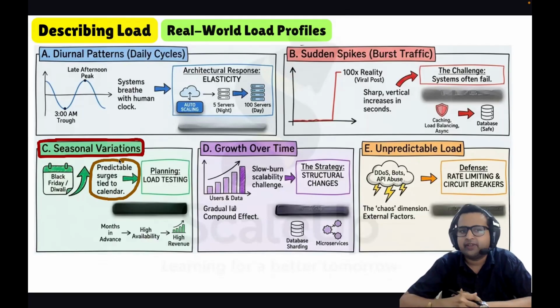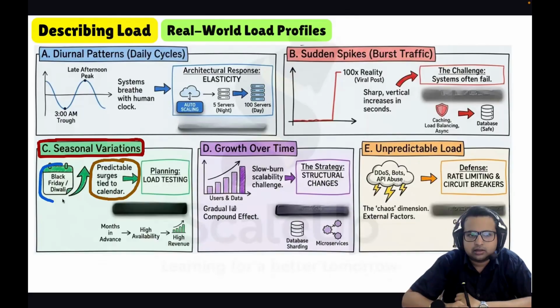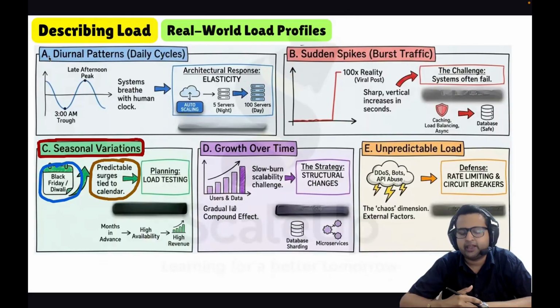That's a seasonal variation. These are predictable increases in load, so we also call it the Black Friday effect. E-commerce platforms in India might see a massive multi-day spike during Diwali, while Western retailers prepare for Cyber Monday.